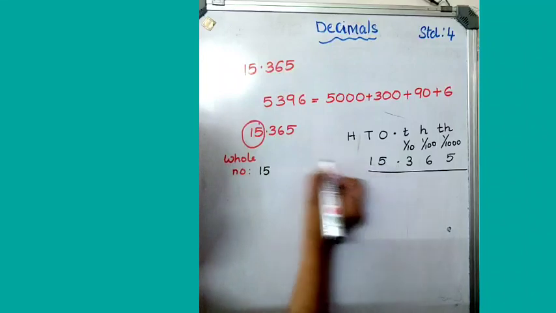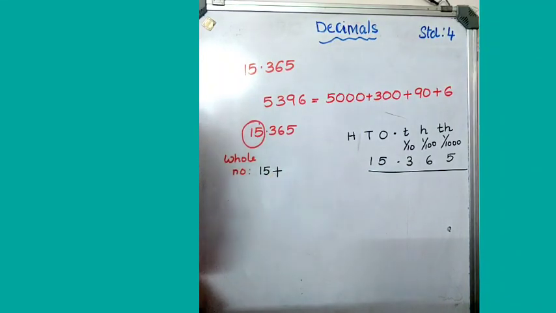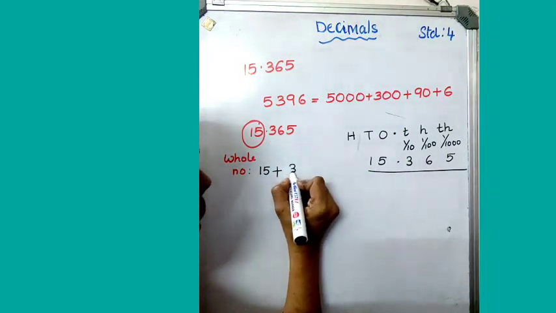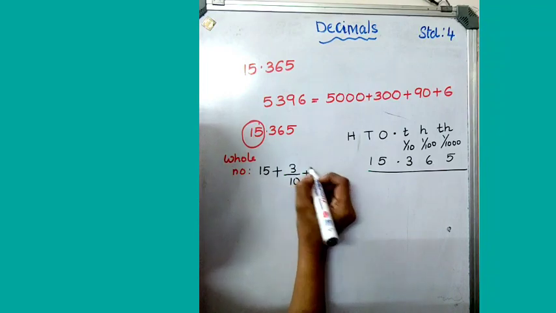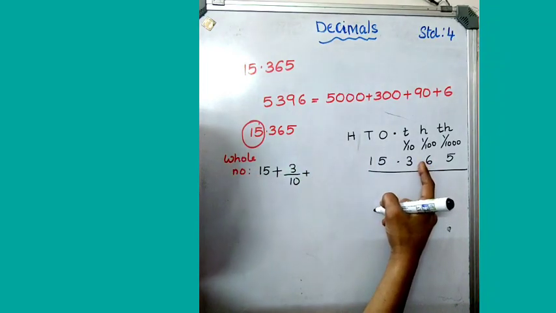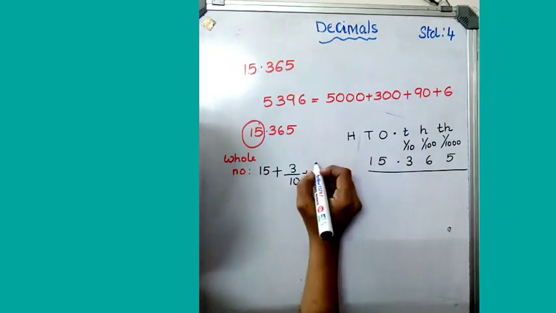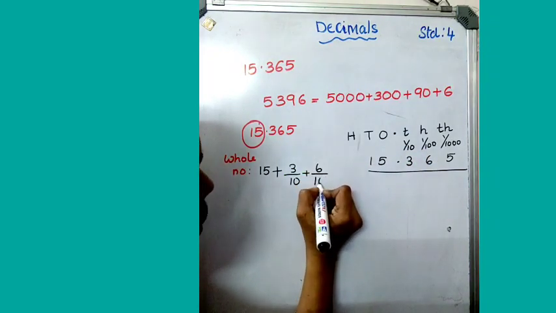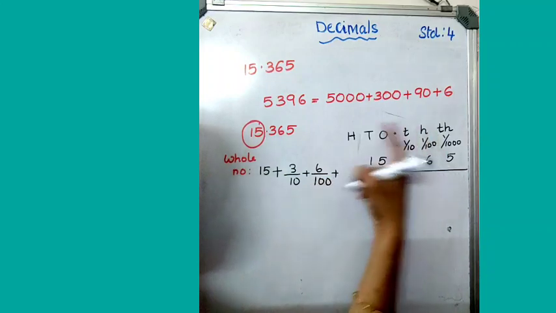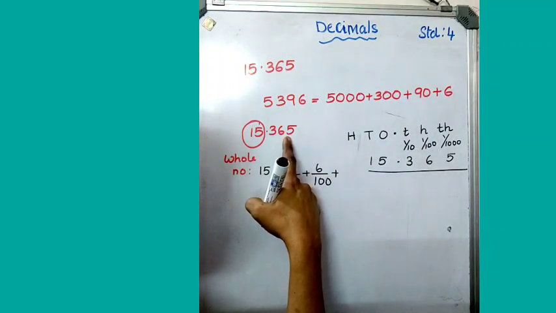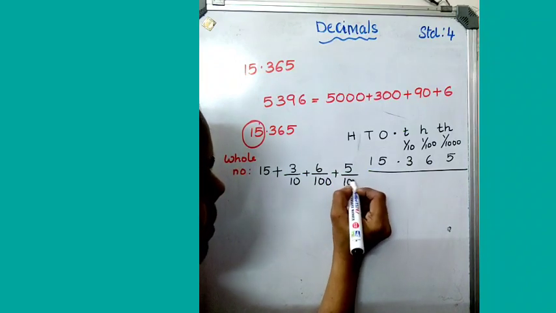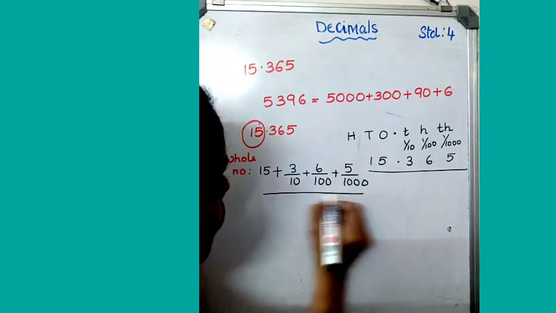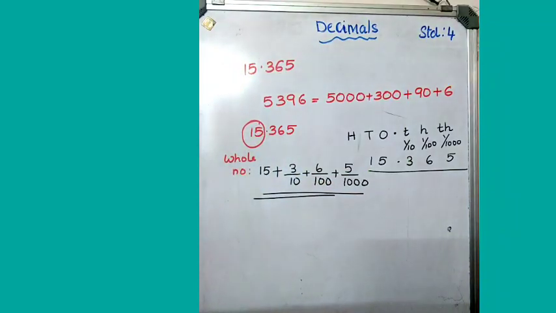For the point, we write plus: 15 plus 3 by 10, plus the next digit 6, 6 by 100, plus then 5, 5 in the 1000th place, 5 by 1000. This is the expanded form of this number.